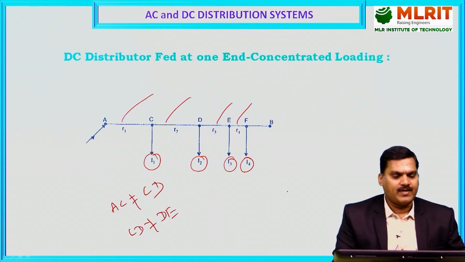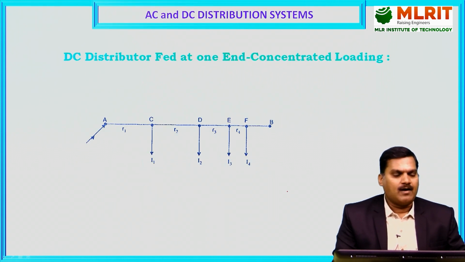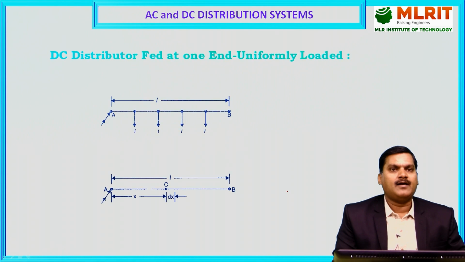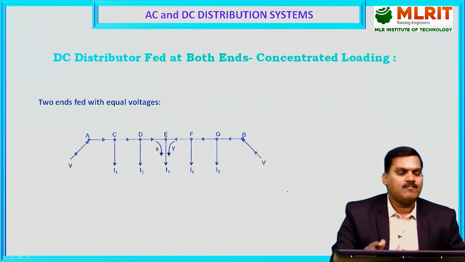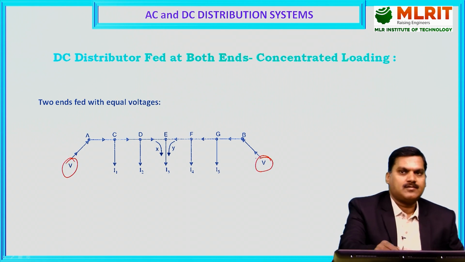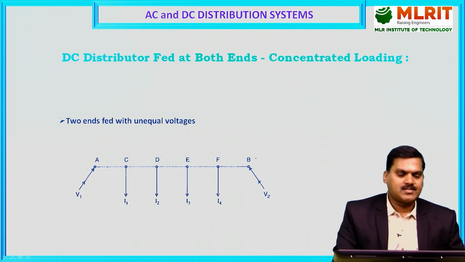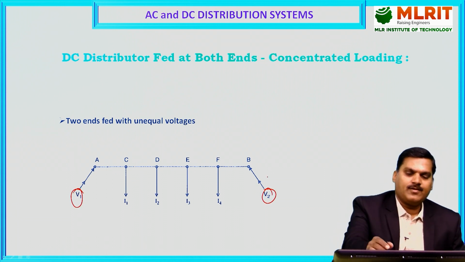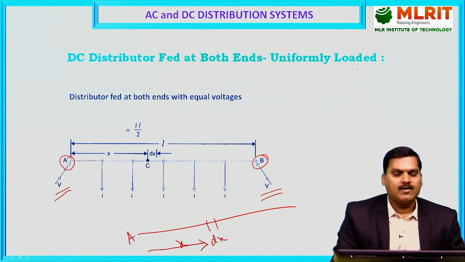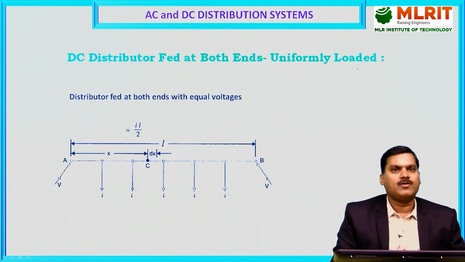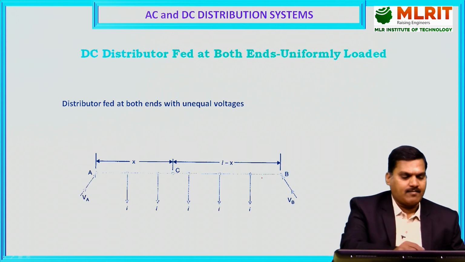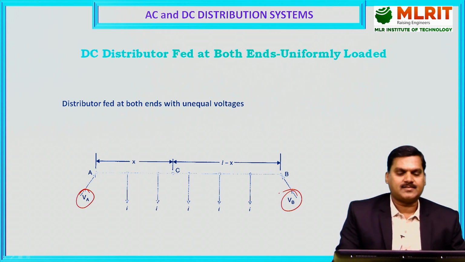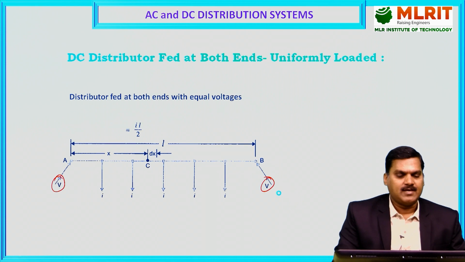Once again, this is a distributor fed at one end: first fed at one end with concentrated loading, fed at one end with uniform loading, fed at both ends with concentrated loading with equal voltage, fed at both ends with unequal voltage, concentrated loading. And under uniformly loaded systems, feeding at both ends with equal voltage and unequal voltage.